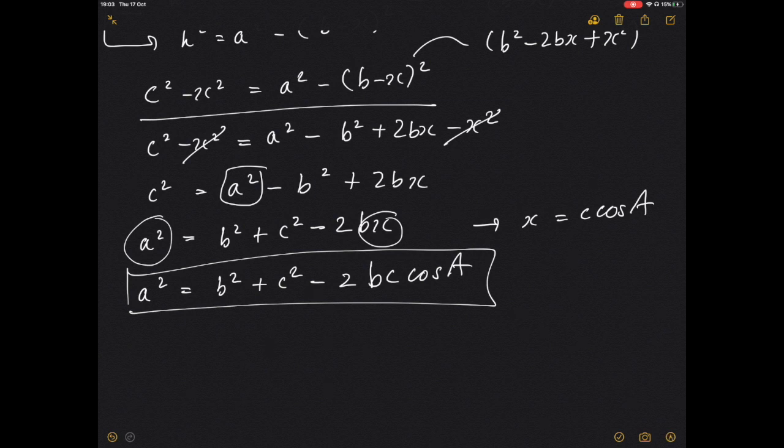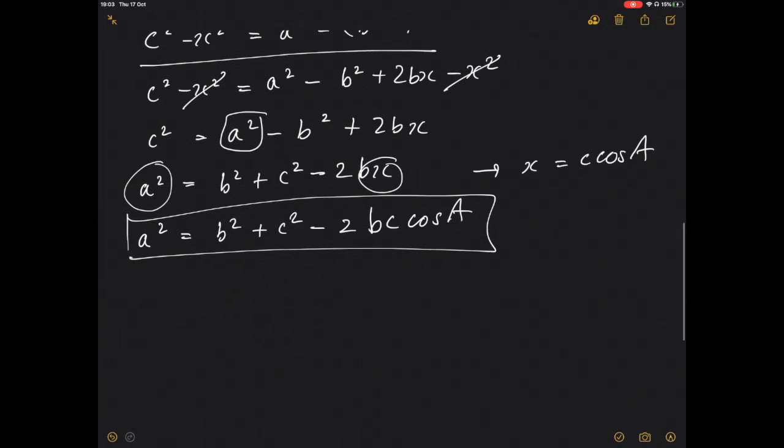We can also begin to tidy this up a little bit, and we can do this again a number of times. What happens if we want to have b the subject of our question, or c the subject of our question? Well, we can rearrange, or we can apply this to the triangles in a slightly different way.